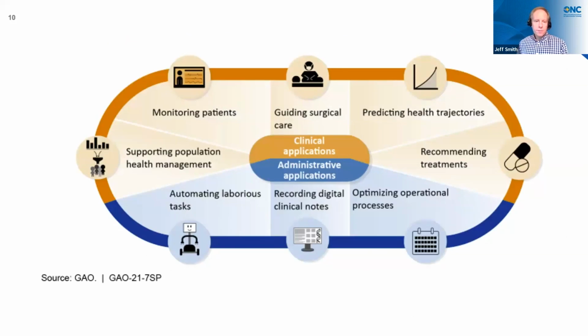A different way to look at that same set of issues and challenges, and a different way to look at algorithms in healthcare, is a way that the Government Accountability Office looked at it. This was taken from a report that they issued in 2020. So if you think about where we were in 2020 versus where we are now, not only are we several months past when this report was out, but we have gone through successive iterations and innovations in healthcare and the use of AI. But I think that this is actually a really good grounding way.